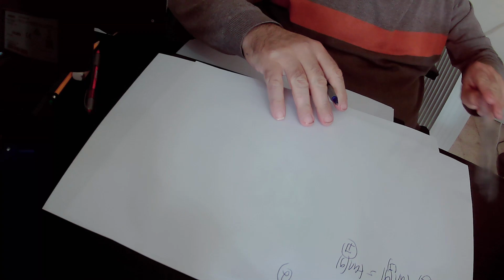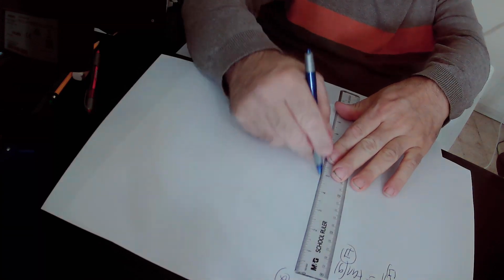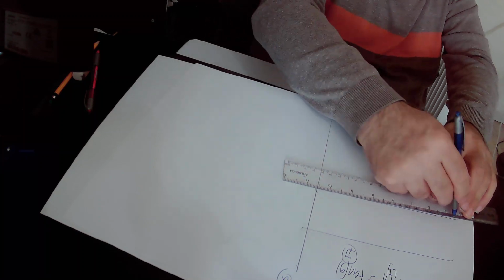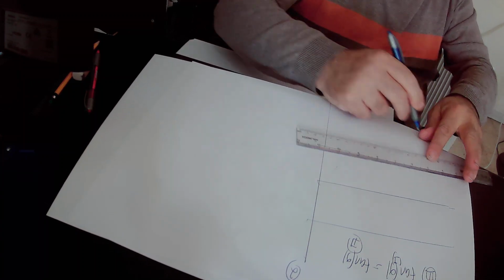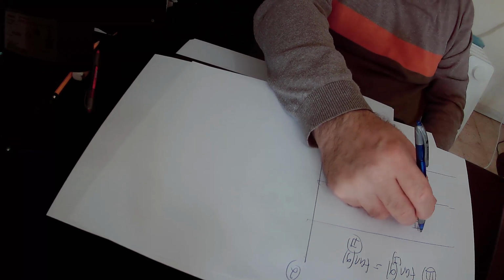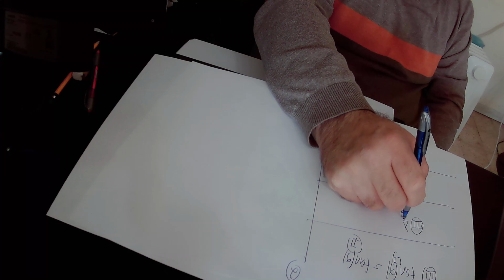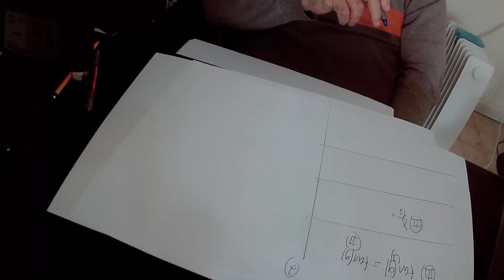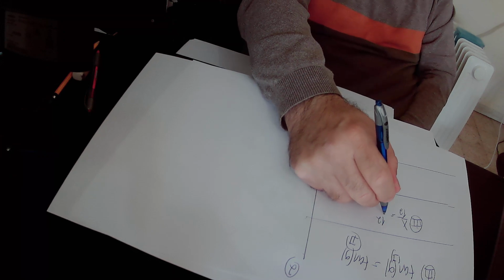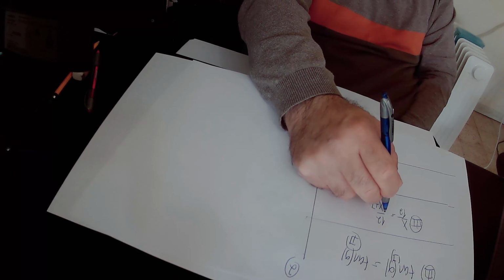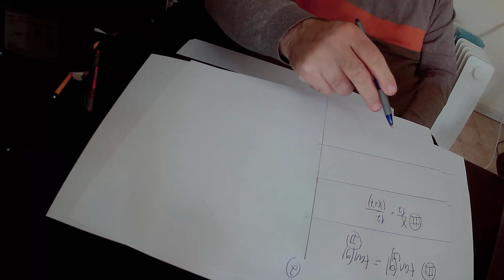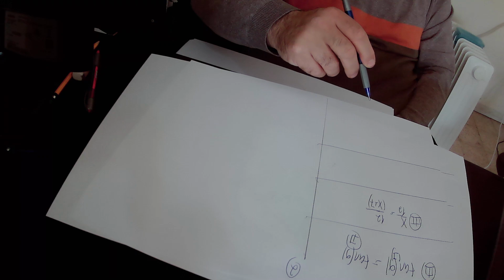So tangent alpha according to equation number 1 equals x over 12, and it must be equal to tangent alpha according to equation number 2, which equals 12 over x plus 7. So according to equation number 3, x over 12 equals 12 over x plus 7.